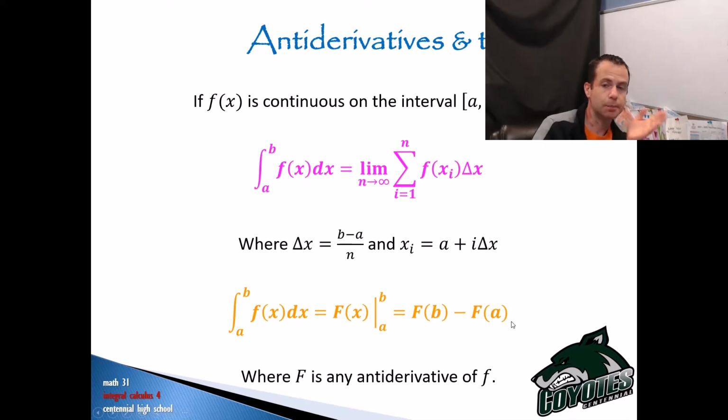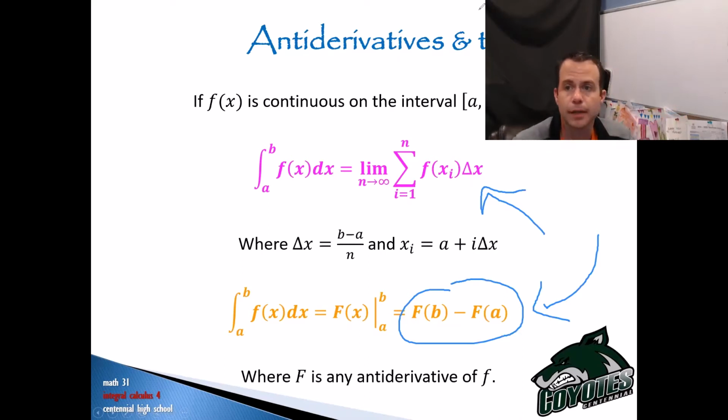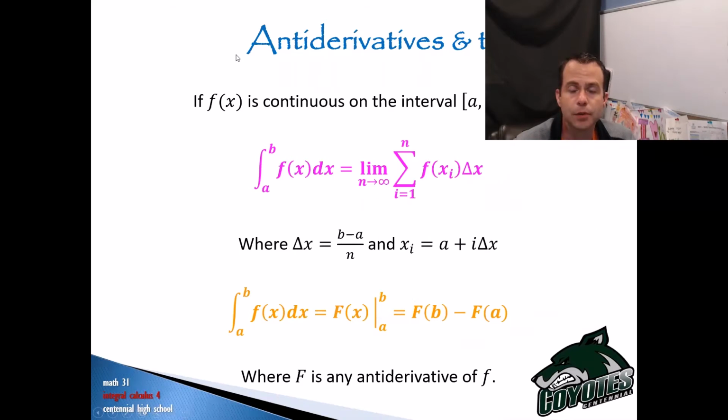So big F of b minus big F of a, where big F is any antiderivative of f. So that guy was Riemann's sum. This guy is now what we can deal with, and that's a much nicer formula to get to the same thing.